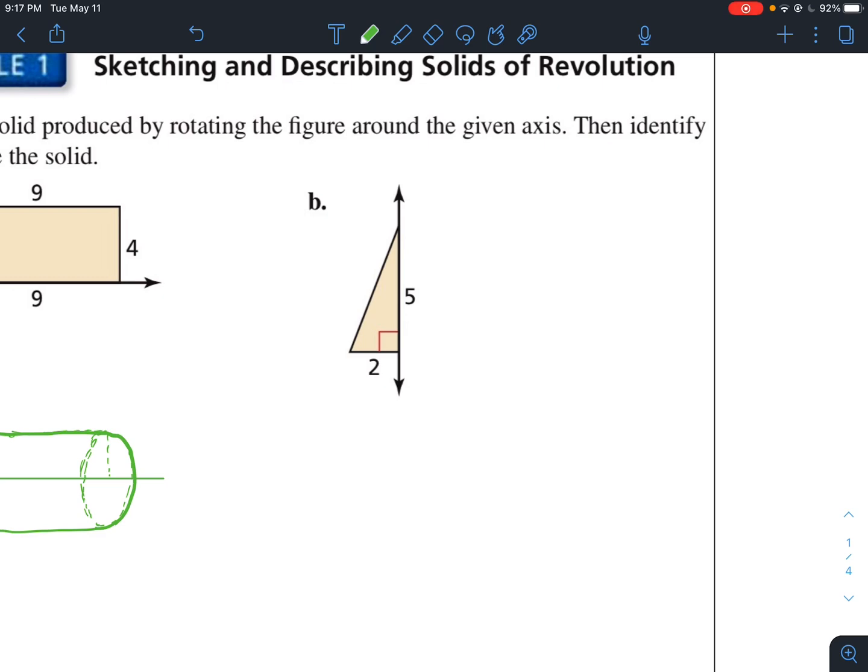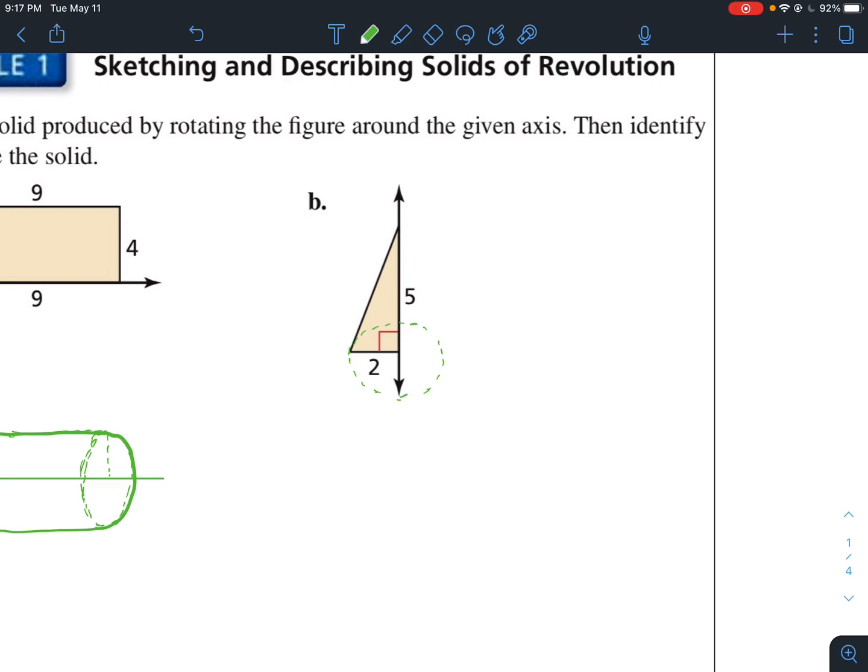For this one, let's imagine what happens when we revolve this around this axis. This edge will have to swing out, and it's going to be equidistant, so it makes a circle for this base right here. Not exactly the best circle, but we're not looking for perfection.